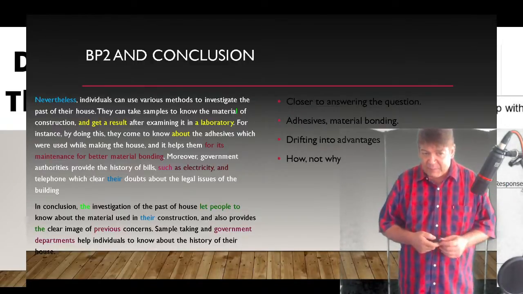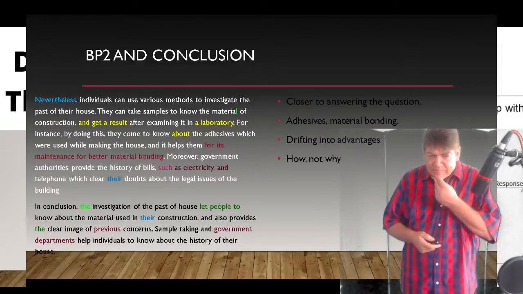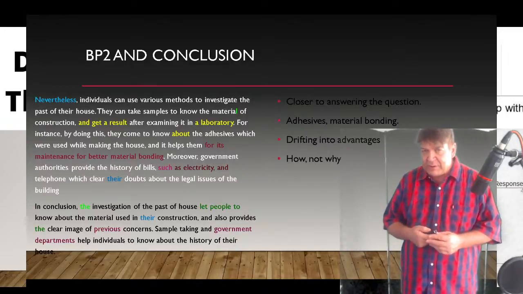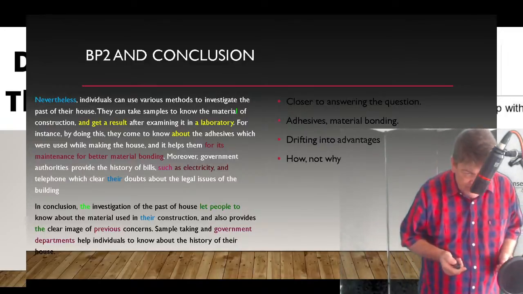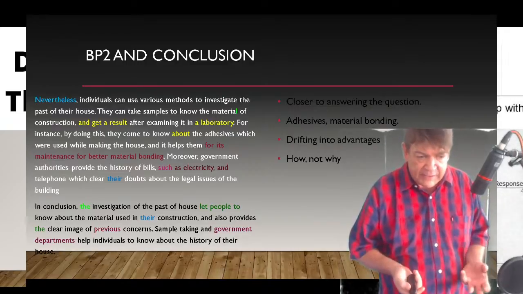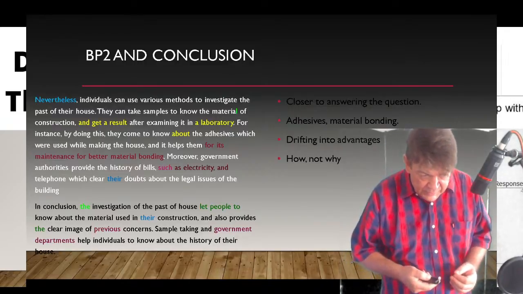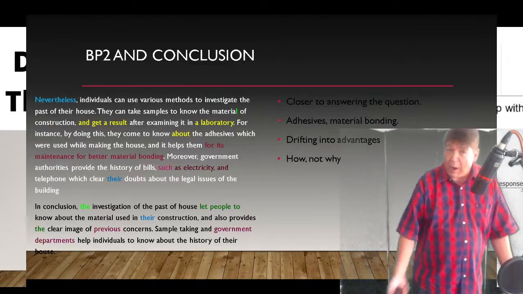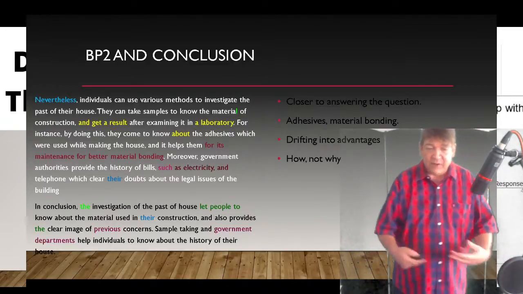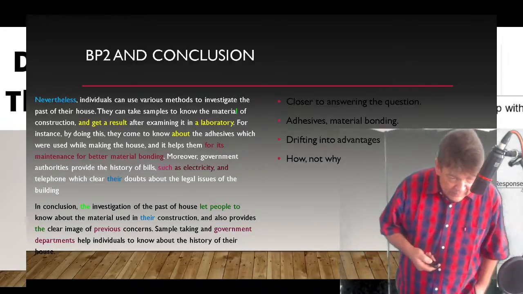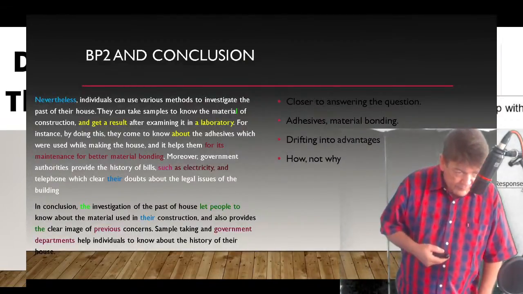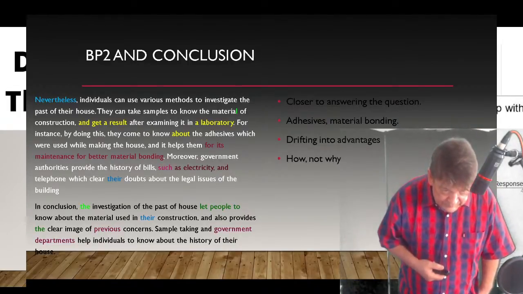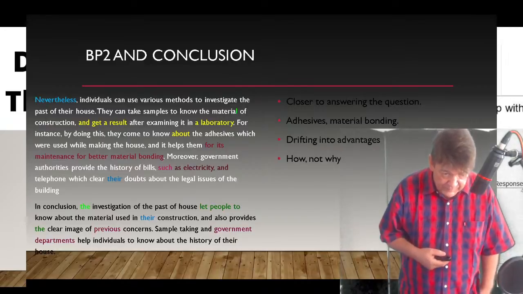Of course, it had to be made in the past, but you're telling us instead of how they can research the history, they'll come to know about the adhesives, and that helps them do maintenance. Well, now you're answering us the question of why, again, instead of how. Oops. All right. Moreover, government authorities provide the history of the bills, such as electricity and telephone.